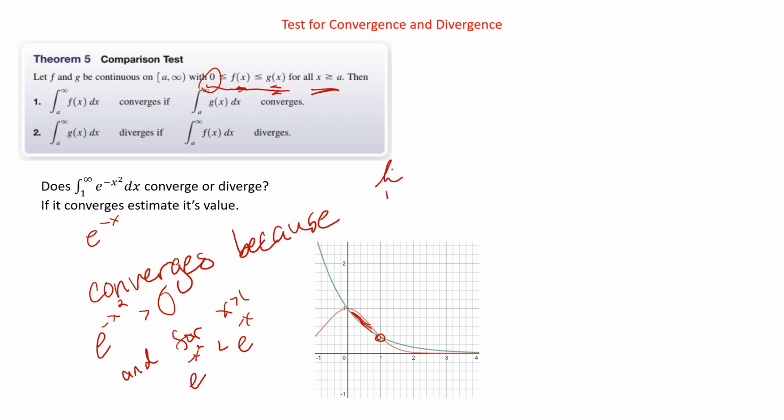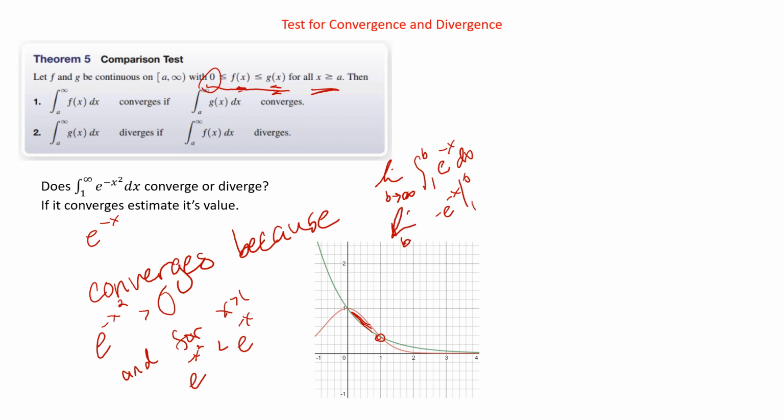That's going to be the limit as b goes to infinity of the integral from 1 to b of e to the negative x dx. The antiderivative of e to the negative x is negative e to the negative x from 1 to b.